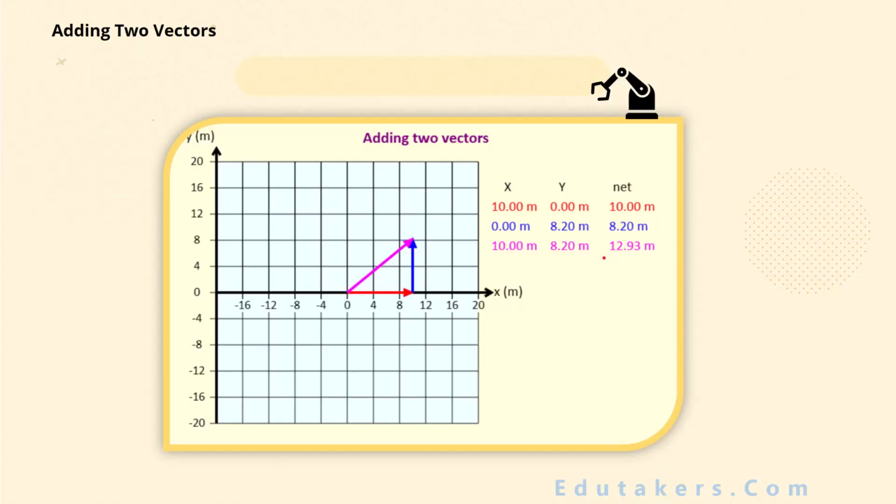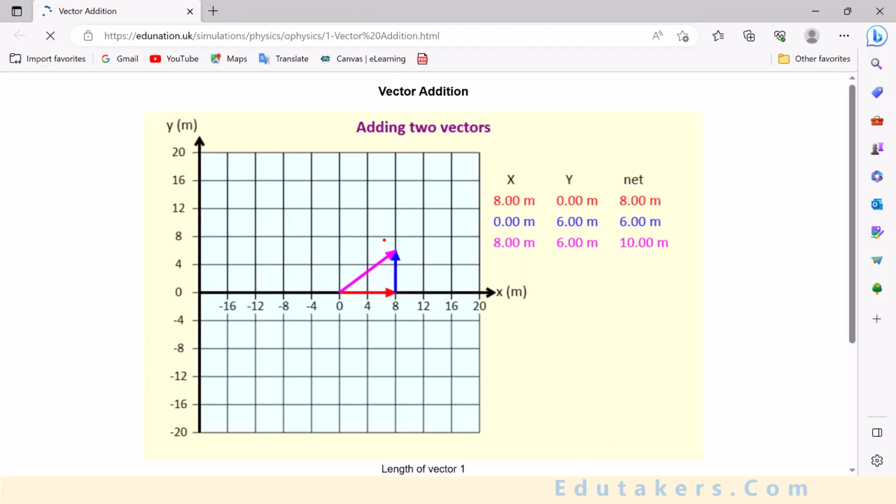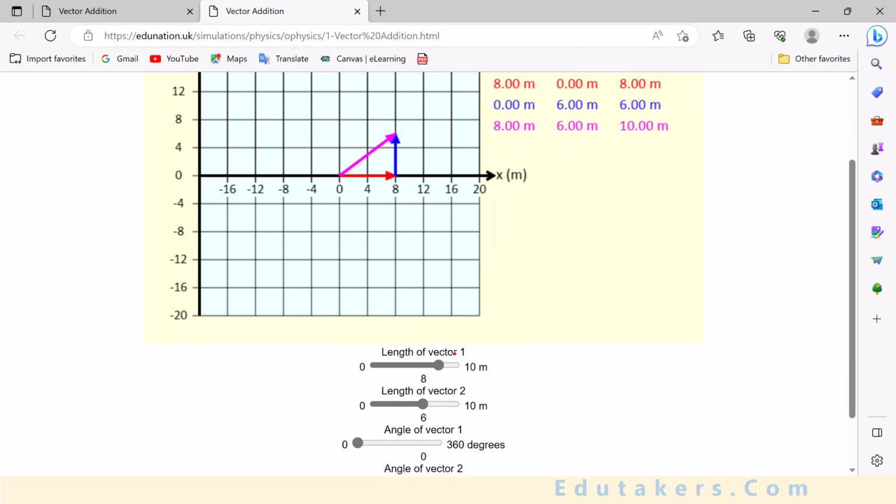Here this simulation is also related to vector addition. You can also practice it. Here there are two vectors A and B. The vector 1 is basically named as x.